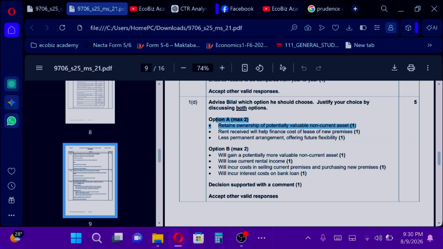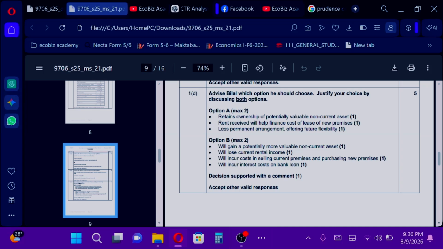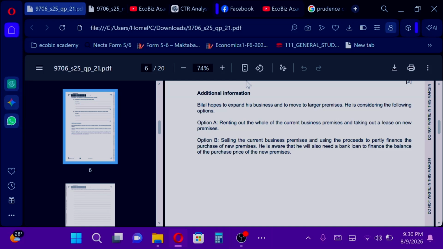Retains ownership of potentially valuable non-current asset. This basically means that because we do not totally sell the non-current asset, it is still in our ownership. So we do not 100% lose the value of the non-current asset, because we can anytime attain it for our own personal use.